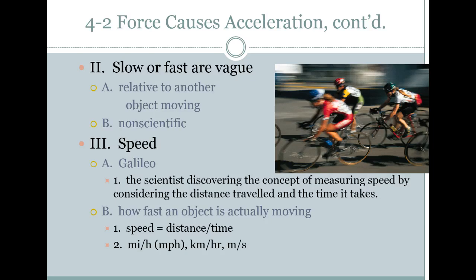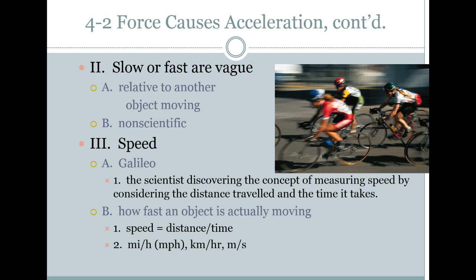For example, if a cheetah covers 50 meters in a time of 2 seconds, its speed is 25 meters per second. Any combination of units for distance and time that are useful and convenient are legitimate for describing speed. Miles per hour, kilometers per hour, centimeters per day, or light years per century are all legitimate units for speed.